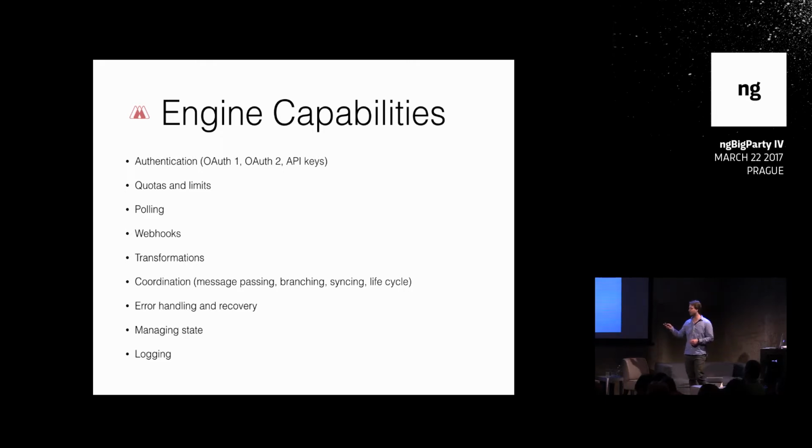Error handling and recovery is a really important one. If you want your API clients or API integrations to be robust enough, you have to be able to recover from failures. And then some support for managing state and logging.